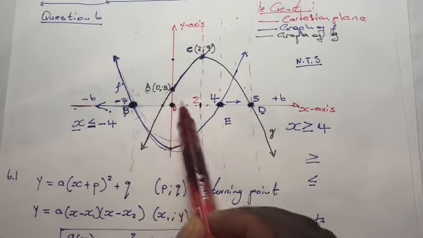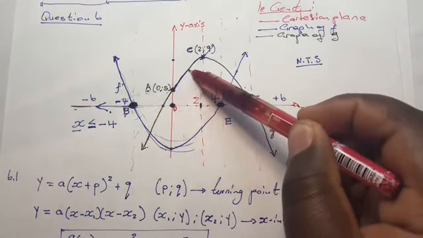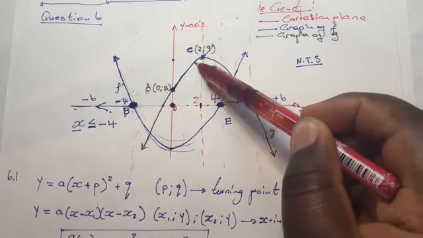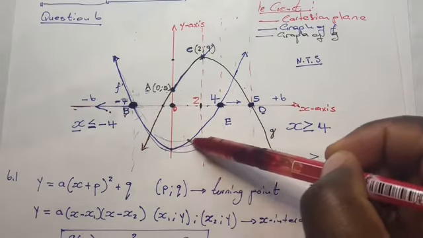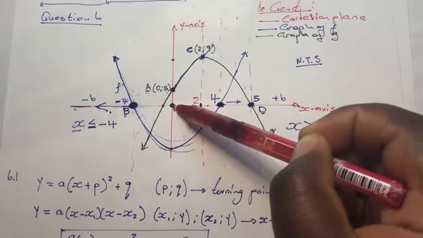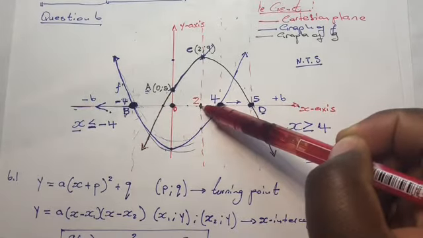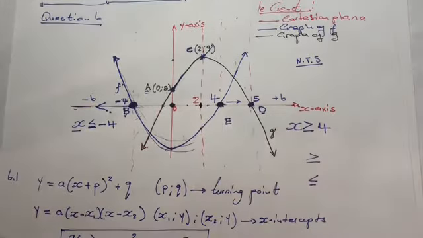From 0 up to 2, we've got the graph of g strictly increasing, and we also have the graph of f strictly increasing. So between these 2 points, both of these graphs are increasing.